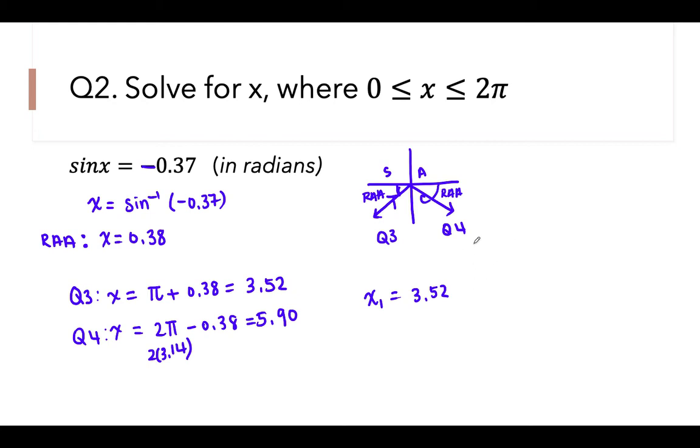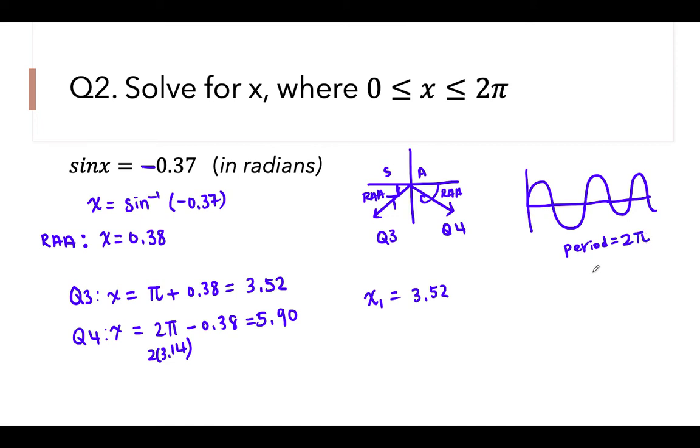Now, if I really want to be exact, if I did not have a restriction between 0 and 2 pi, then remember that for sinusoidal functions, it happens in a cycle. The period of sine is going to be 2 pi.